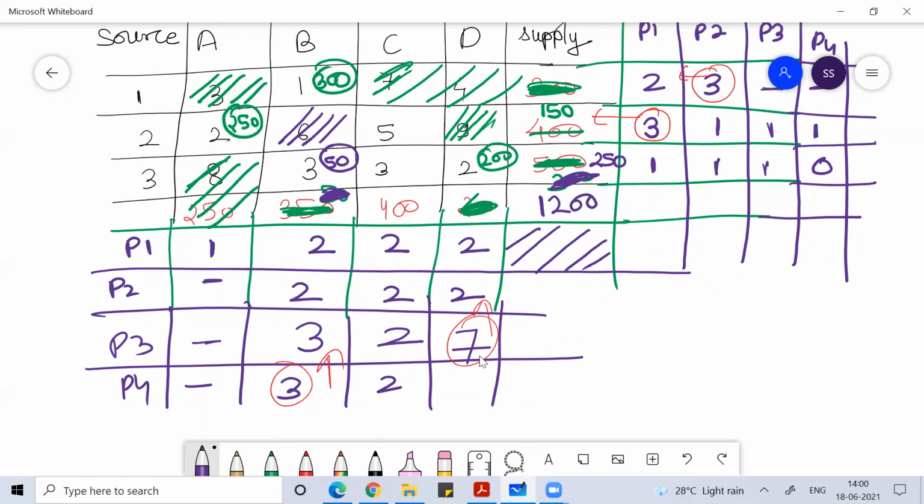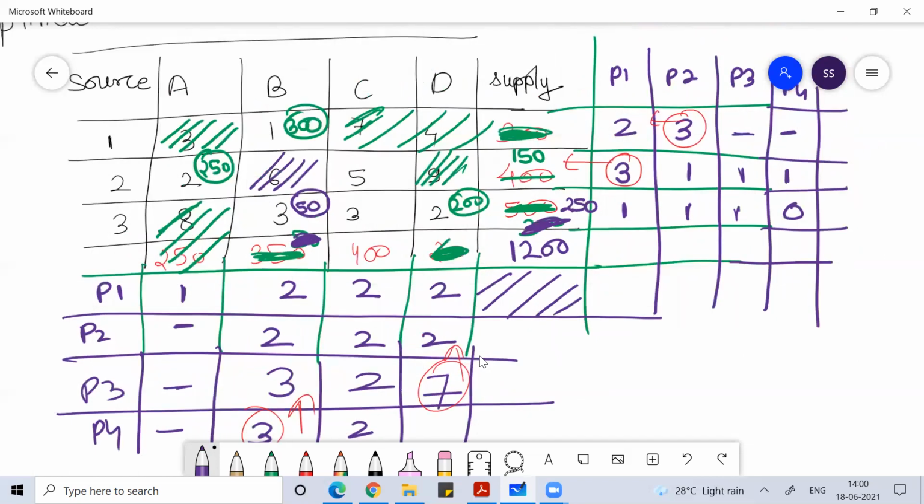Correct. So now you can see, guys, how much is left. This is 5 and 3. So 150 you'll put on this, 250 you'll put on this. So you don't have to do this manual work. This is 250 and this will be 150. That allocation will be.